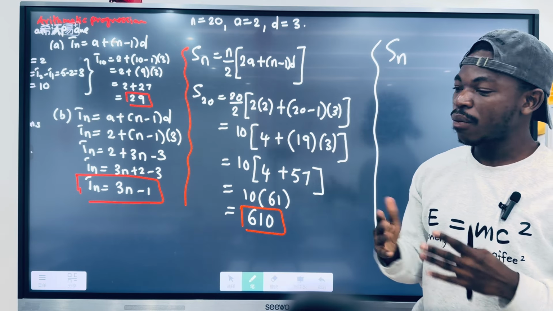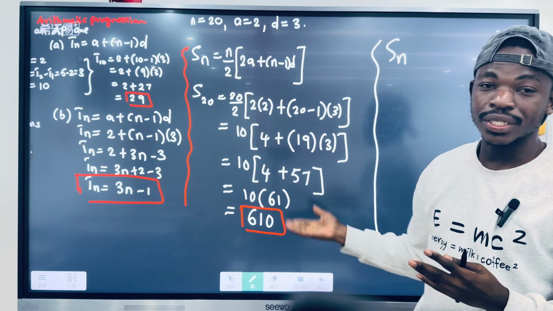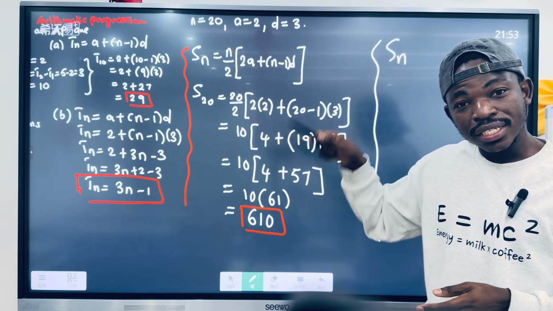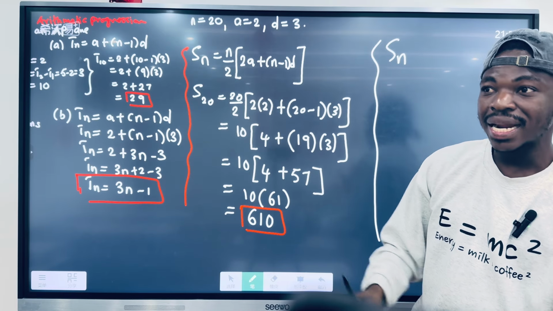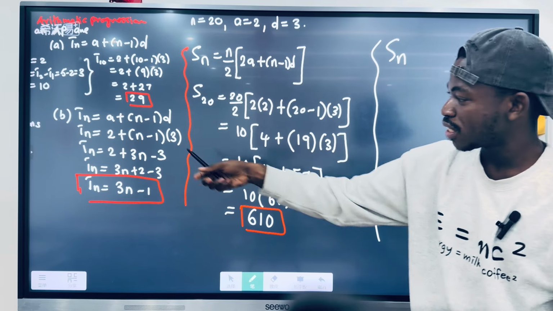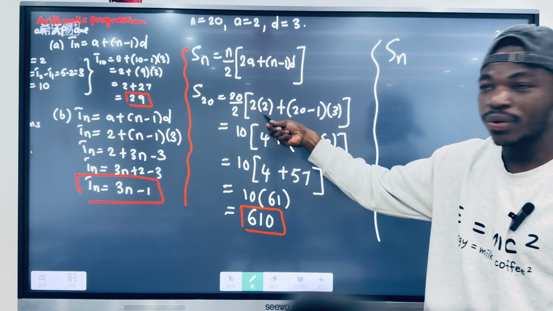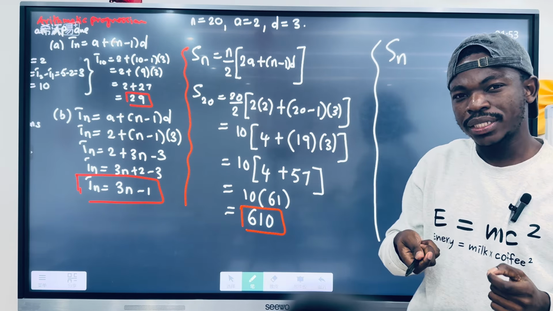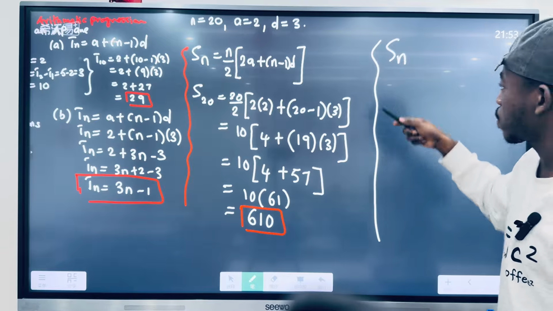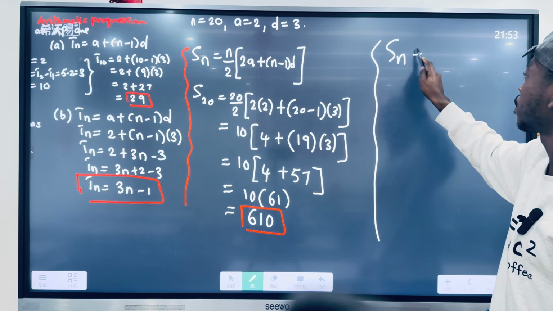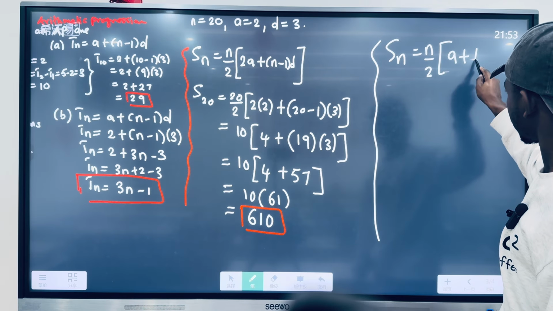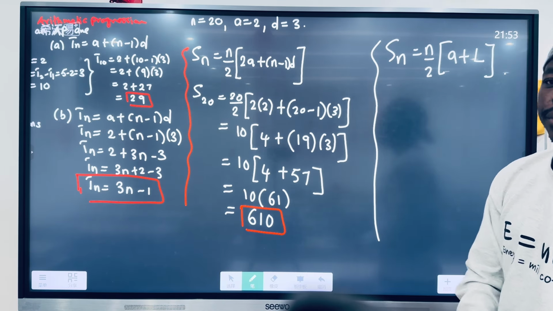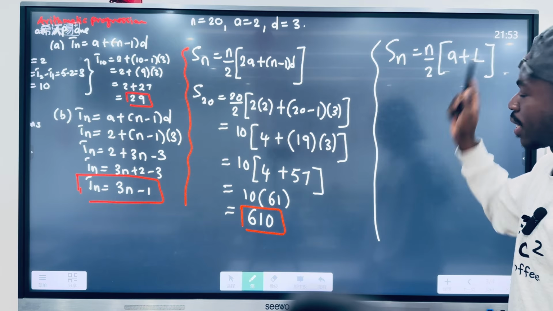For example, if I want to find the sum of the first 20 terms here, I want to know what is term number 20 and term number 1. Because here we were adding all the way up to term number 20. If we know term number 20, we can now use this formula. So the sum of the first n terms will be equal to n over 2, the first term plus the last term.